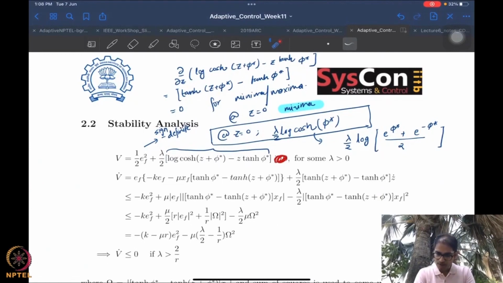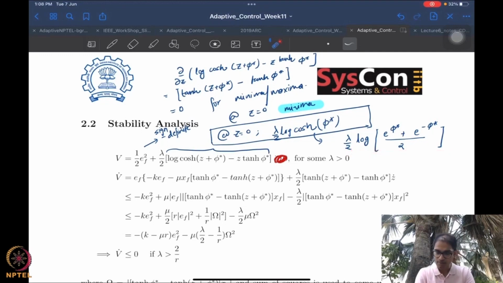However, when z is 0, this term is of course gone. And then I have this term, which is going to give me lambda over 2 log cosh of phi star. And that's what will give me a bound. So this is what will be the expression.